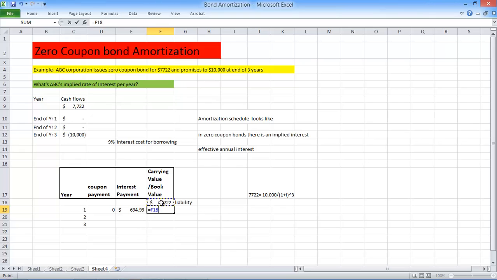So the carrying book value is this. Next year, the coupon payment is zero, and the interest payment is your book value times the interest. You still have a liability; you still haven't paid off the loan.